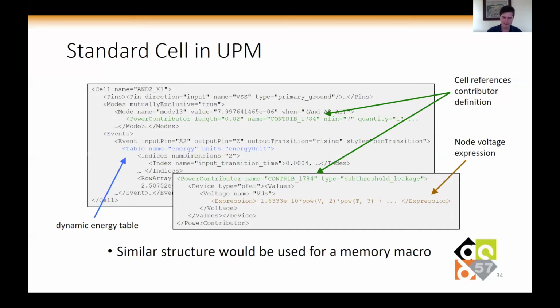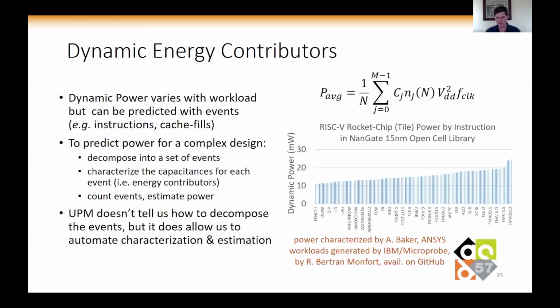So let me segue now into talking about dynamic energy contributors in a bit more detail. So unlike static power, dynamic energy varies much more with activity than it does with process and temperature. But it can be accurately predicted with events using this expression that I've got up here at the top.